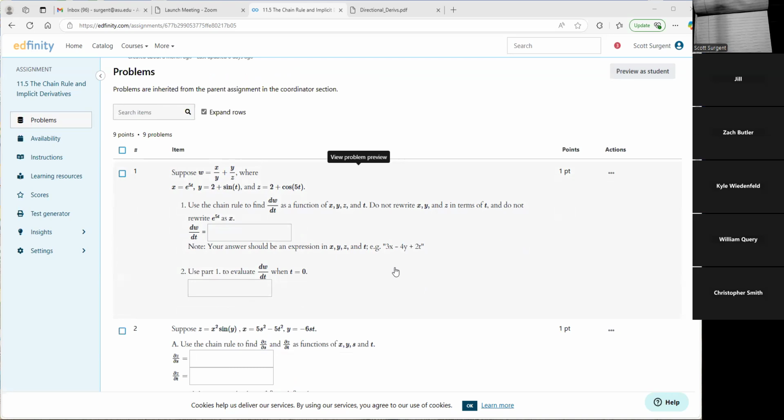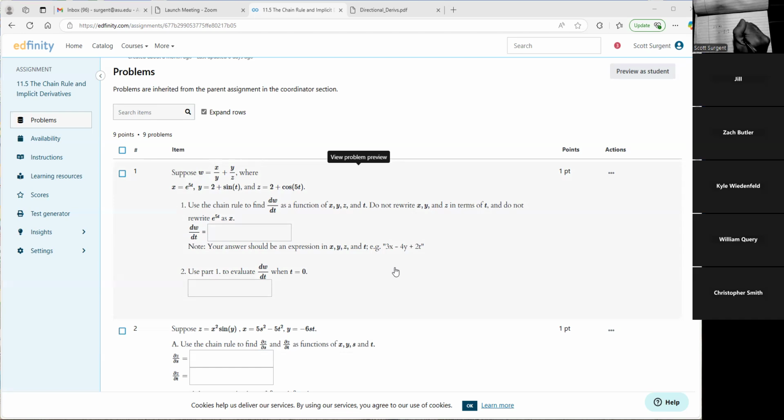Yeah, this one's got a lot going on. So this is, can you guys see that okay? It's 11.5, number 1. Let me copy down the main information here. We've got a function w equals x over y plus y over z.